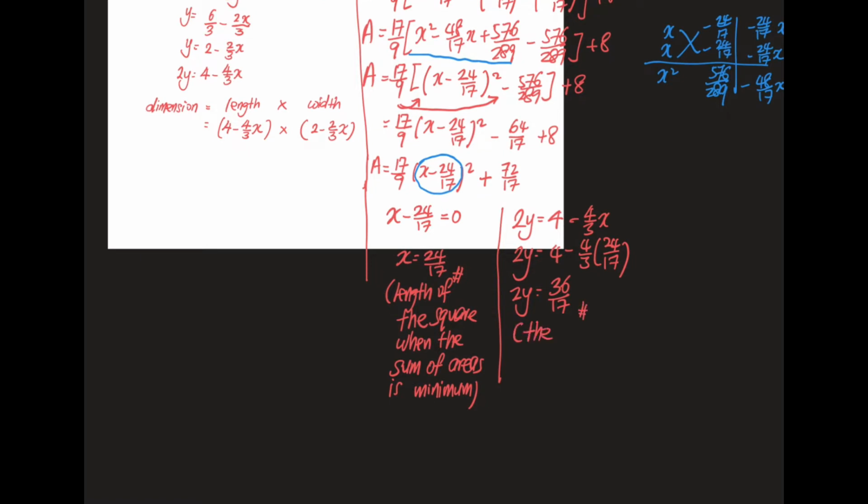This is the length of the rectangle when the sum of areas is minimum. So we finish off the whole question. It's a long question.